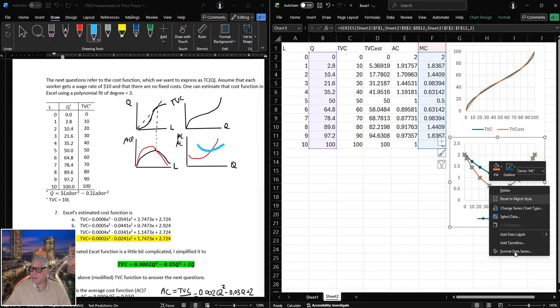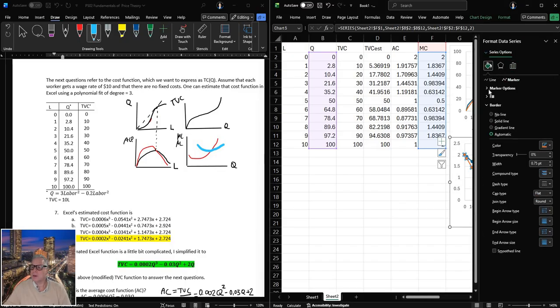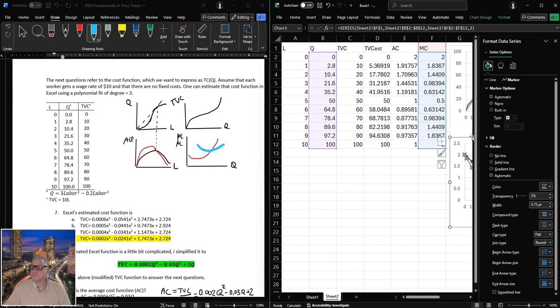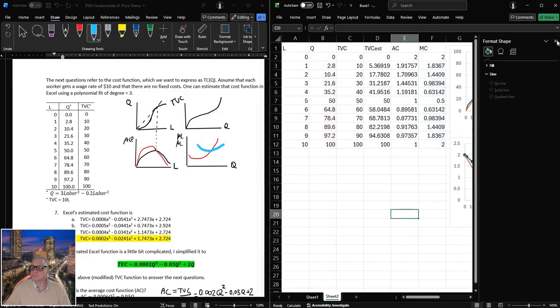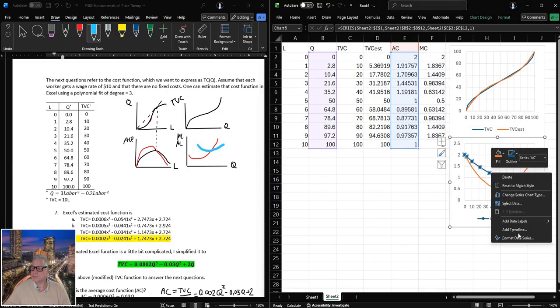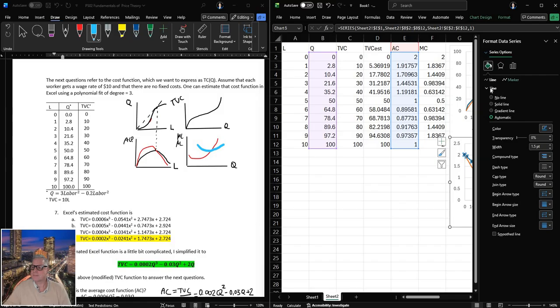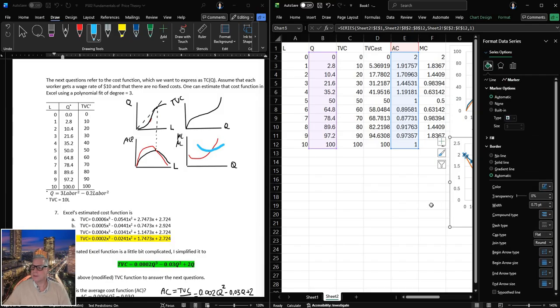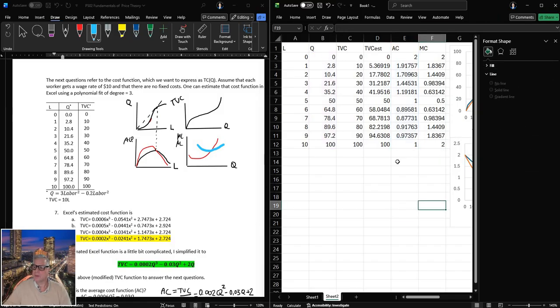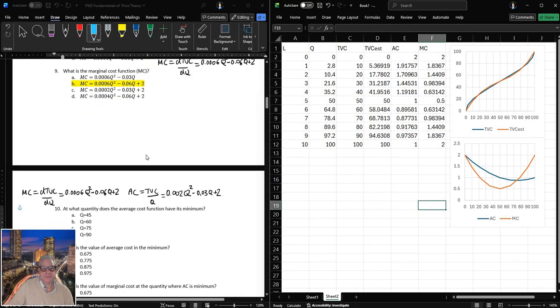And I remove again those marker options, here also. Okay, so now it looks pretty close to what we have here. And now let's go back to the questions.